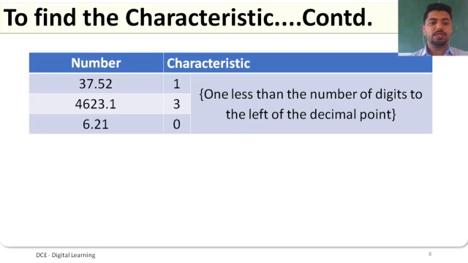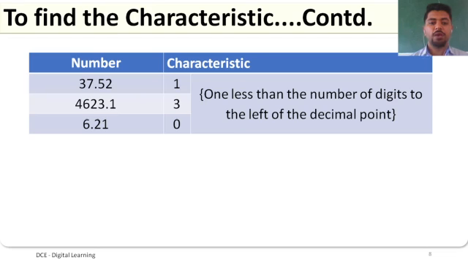So 2 integral digits minus 1 would be the characteristic value. Similarly, in the second example, 4623.1, there are 4 digits in the integral part. So 4 minus 1, 3 would be the characteristic value. Similarly, in case of 6.21, there is only 1 digit in the integral part. So 1 minus 1, 0 would be the characteristic value.